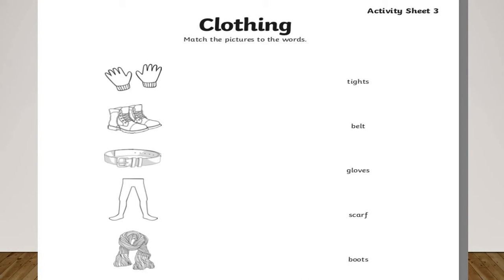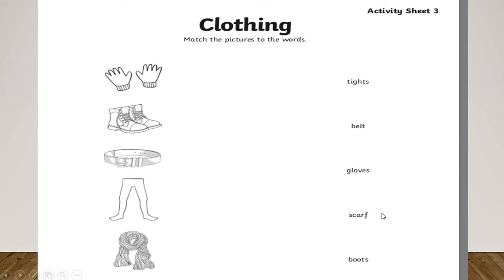First, I'll read the options for you, which are on the right hand side. First one is tights. You know, you wear tight jeans, tight leggings, the tight trousers you wear. Then second one is belt, which you wear on your waist. Third is gloves, which you wear on your hands, on your fingers, to cover your fingers and palms as well.